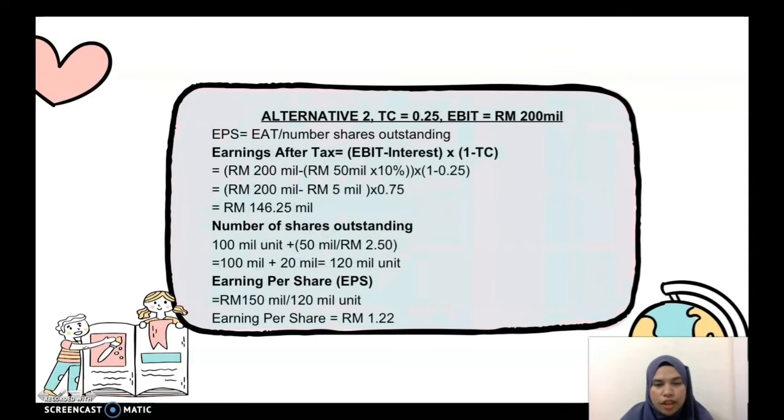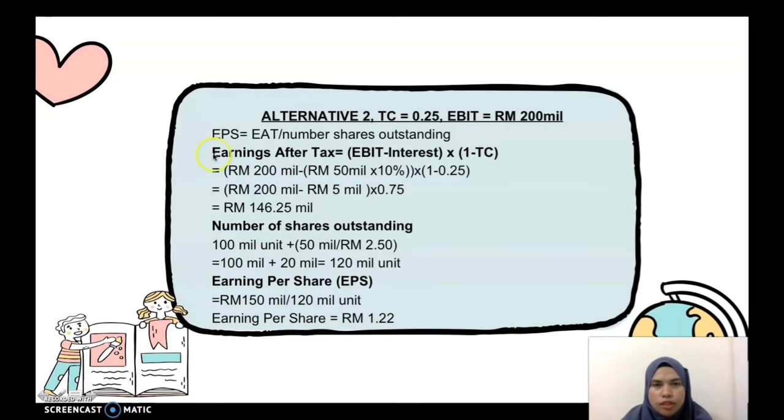Okay, next, the second alternative is financing using 50% debt and the other 50% equity. We use the same formula for earning per share, and the first step is to calculate earning after tax, which is EBIT minus interest, times 1 minus tax rate.